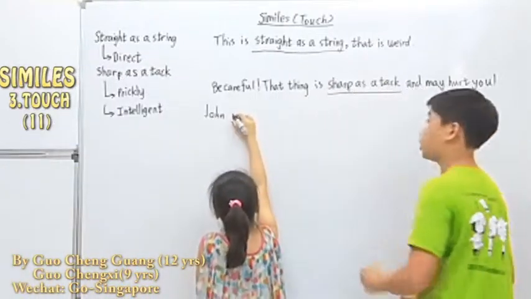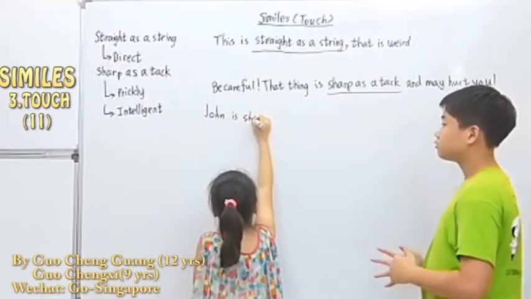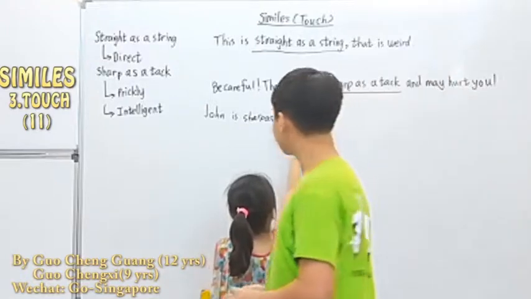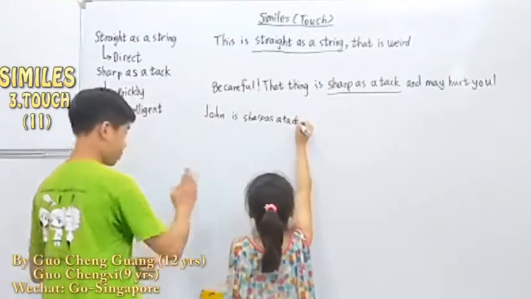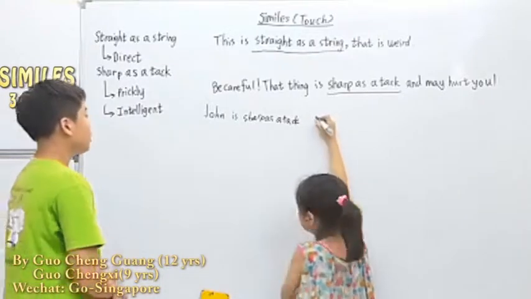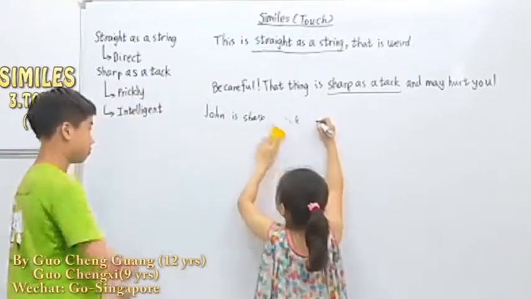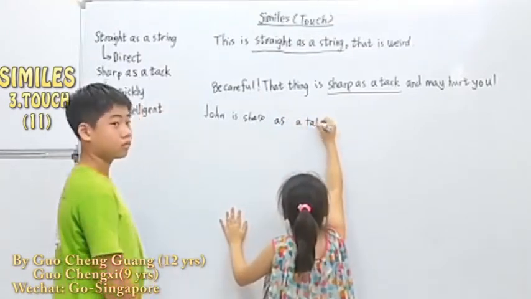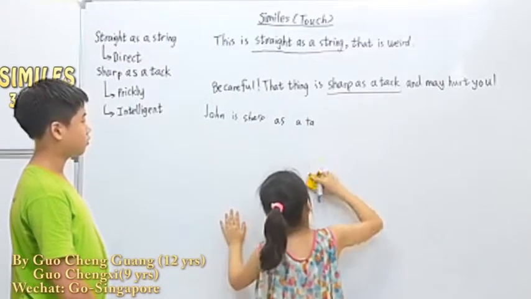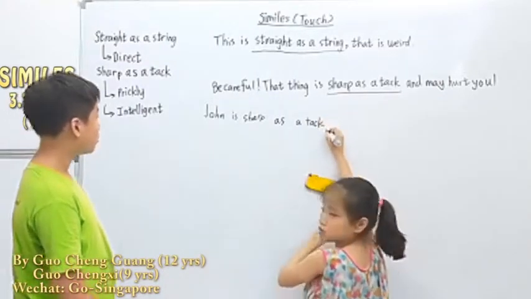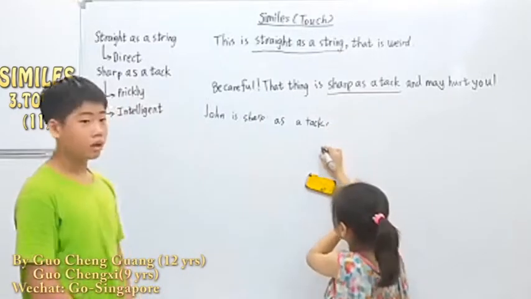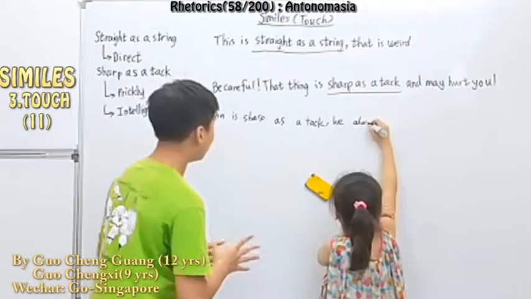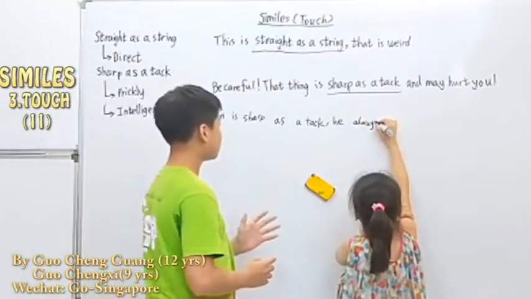John is sharp as a tack. Beware of your spacing, okay? Then you just rewrite that part. He always gets the marks, or he always gets the first.